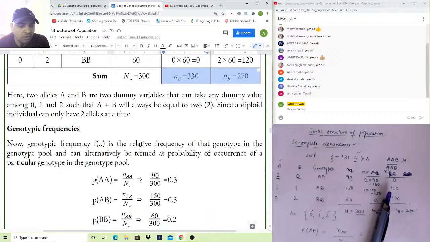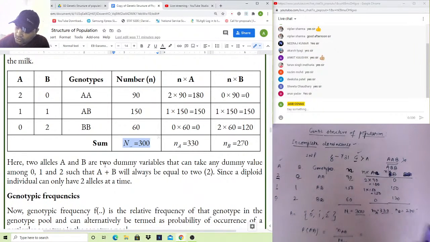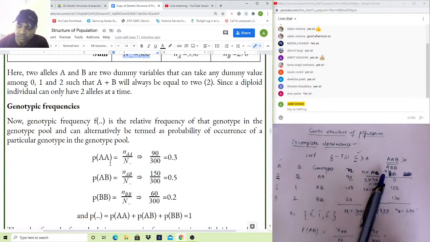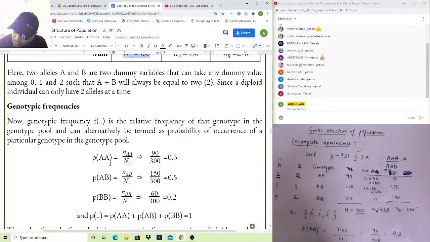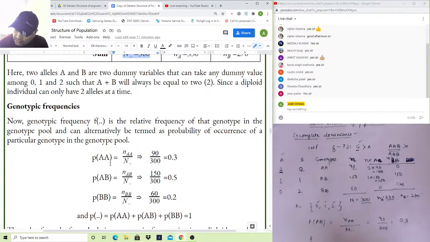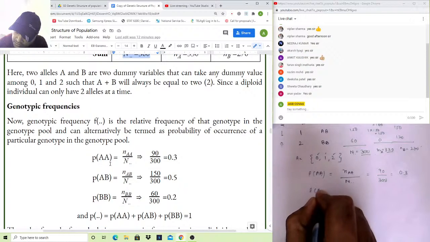So when I want to find the frequency or probability of occurrence of AA genotype, I have to divide this 90 by the total number of genotypes available in the population. So it will be 90 upon 300, which comes out to be 0.3.